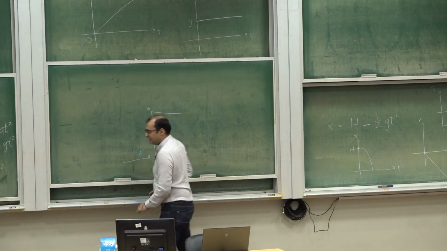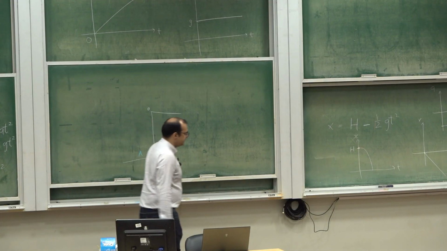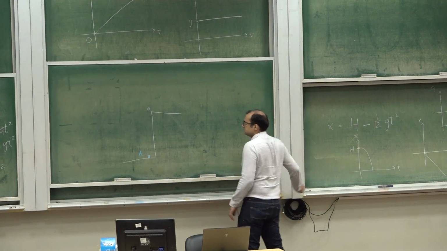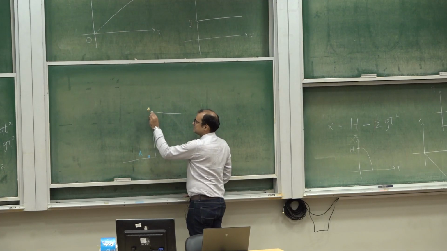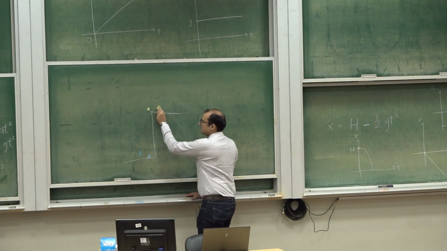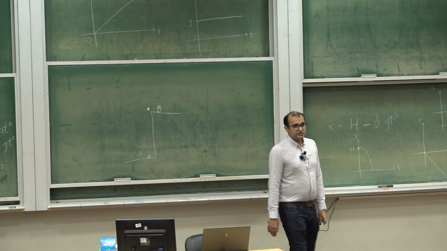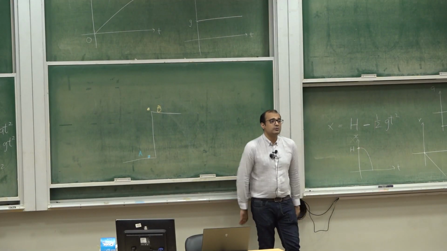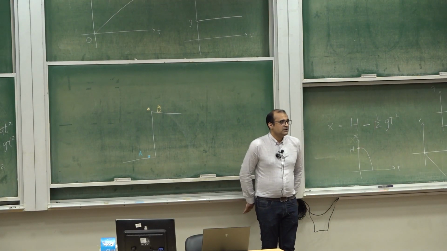Let me call this object A, and I'll call the second one object B. So now there are two objects, and you have to simultaneously analyze the motion of two objects rather than a single object.